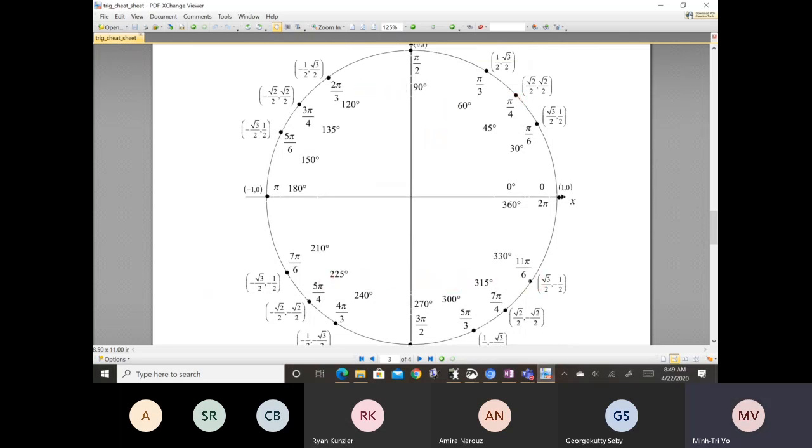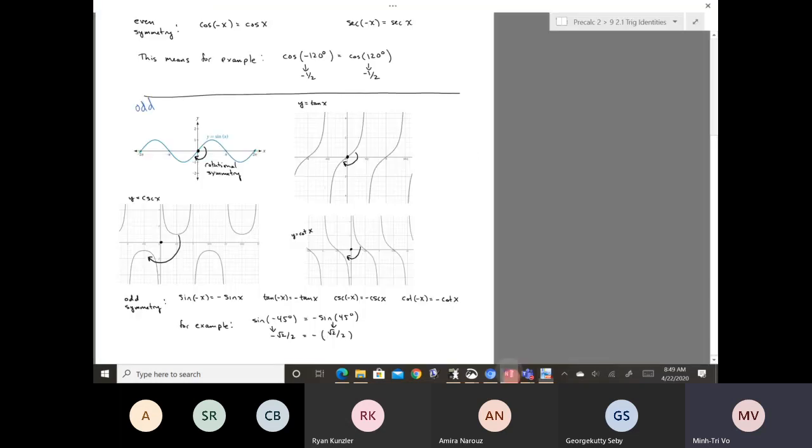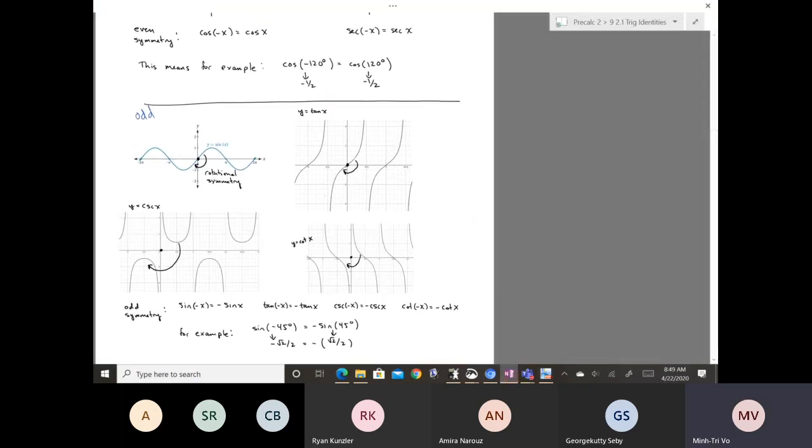It's essentially saying that the y-coordinate of the points on the top half are the opposite of the y-coordinate of the points on the bottom half. As you can see, the y-coordinate here is positive, and here is negative. The y-coordinate here is positive, and here is negative. That's what it's describing, at least in terms of the unit circle.